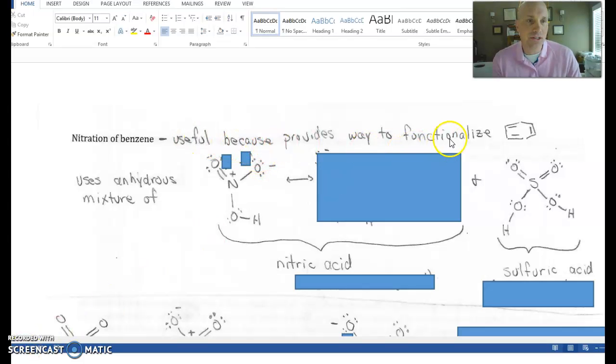An analogy to this concept of making it more useful would be the reaction that we did before, the radical halogenation of alkanes. Remember, alkanes by themselves are not that useful as synthetic starting materials. There's not a whole lot of reactions that you can do with them.